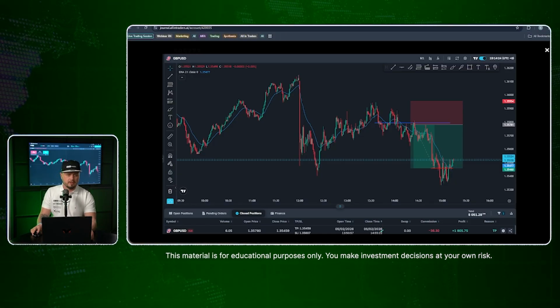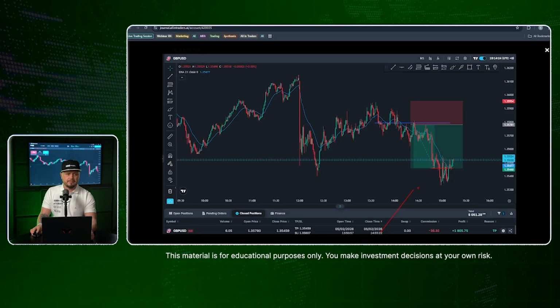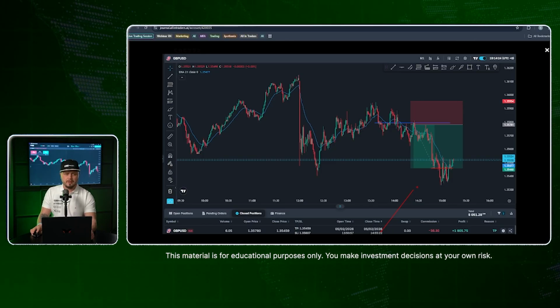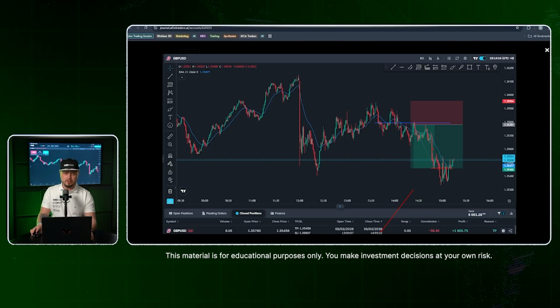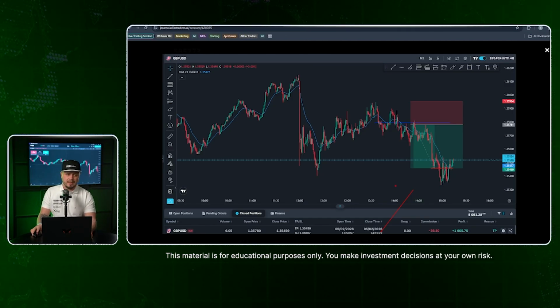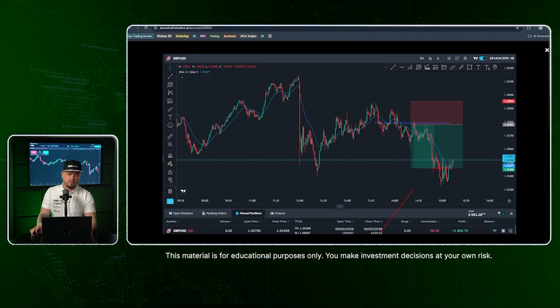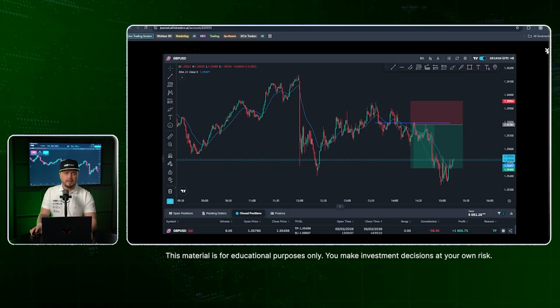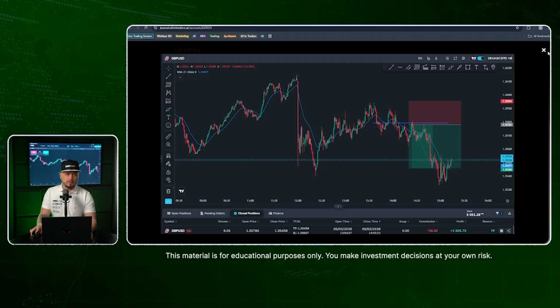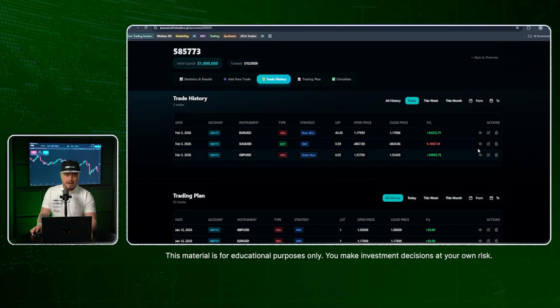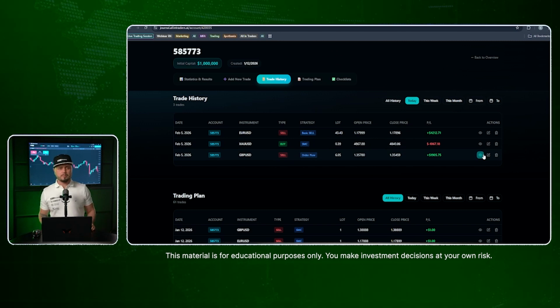I think you can see closing time, 5 to 3, actually 5 to 4 our time. So it was 5 minutes before the news. I wanted to close it anyway, but the price got to this level, so I had full take profit from this trade. So another day, we got some more profits.